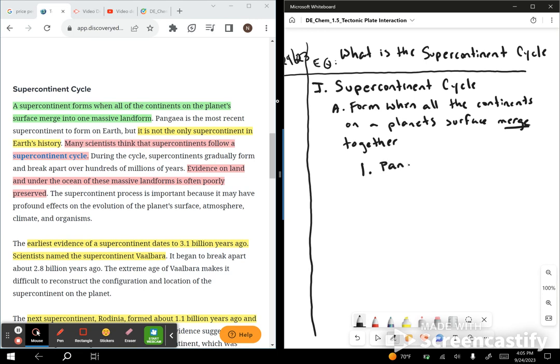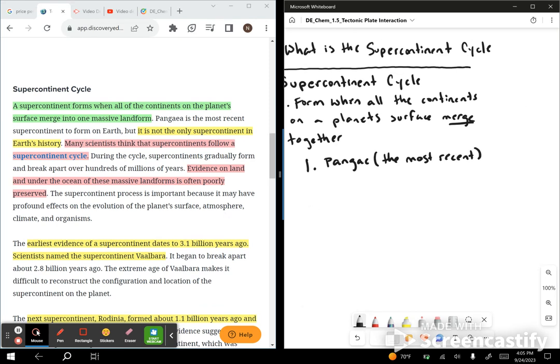So we'll say Pangea, the most recent, is not the first or only supercontinent.